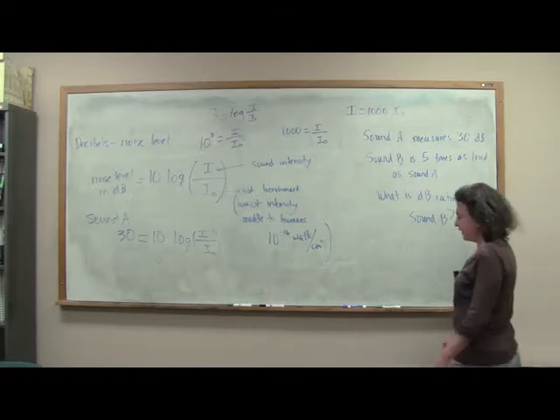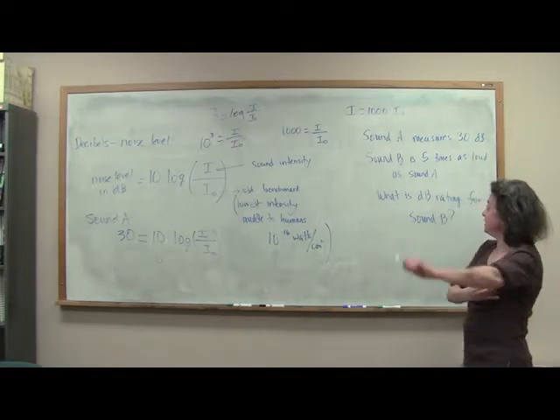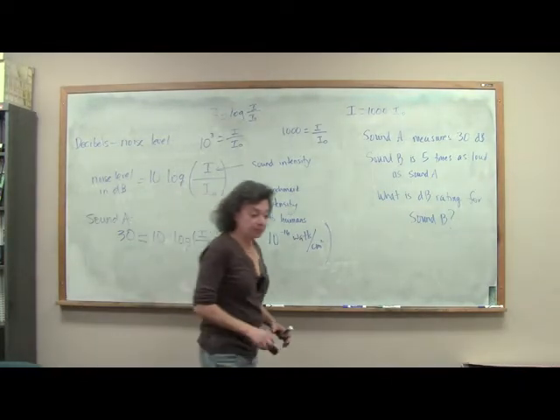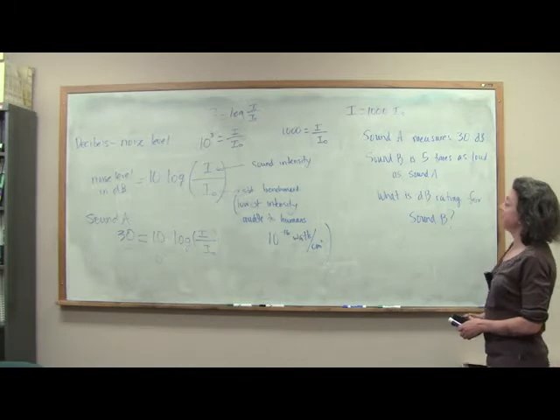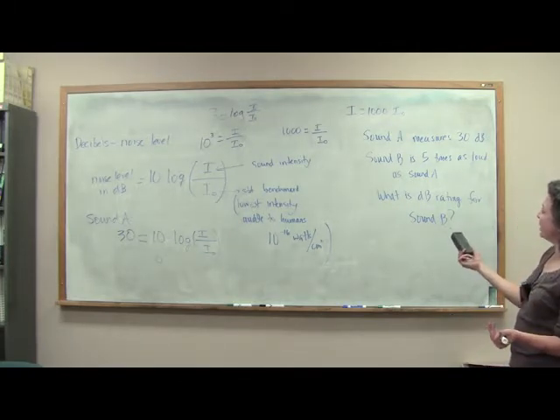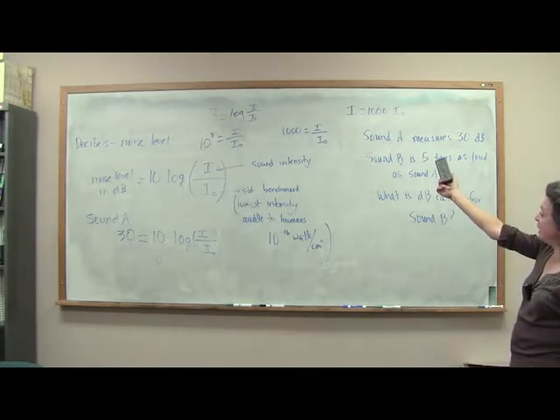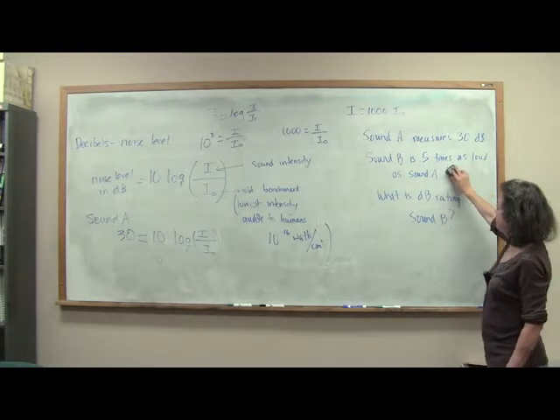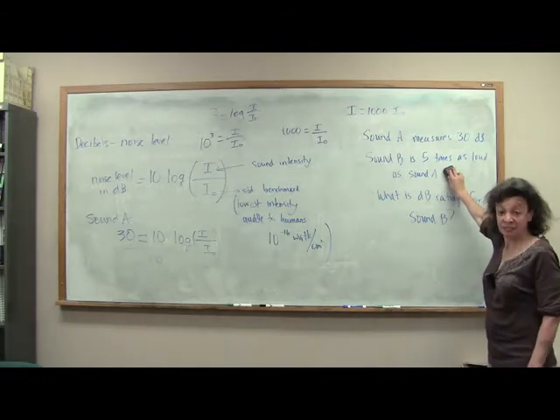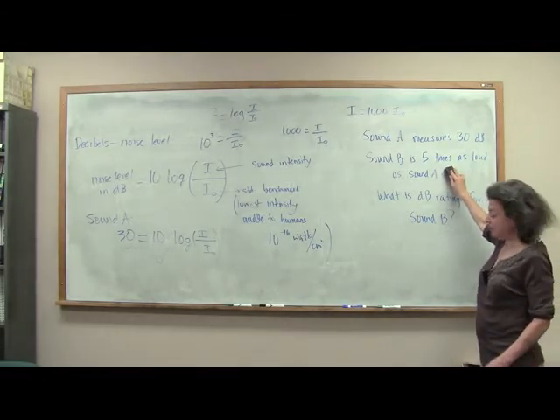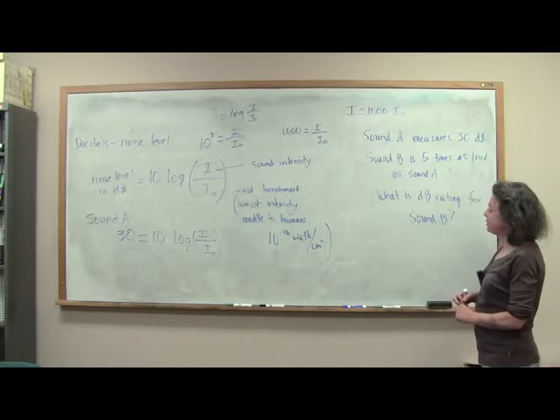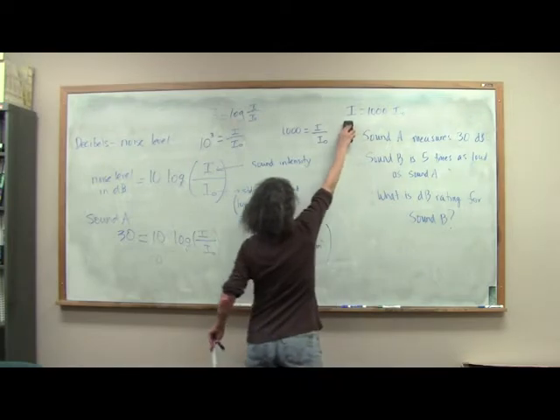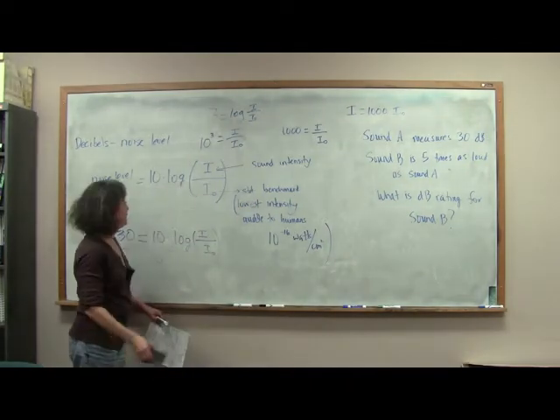All right, we have now measured, or at least simplified a bit, given our information regarding sound A. Now, let's talk about sound B. Why did I solve this for I? We don't know the sound intensity offhand, but the reason why I did is we're given that sound B is 5 times as loud. Well, if sound B is 5 times as loud, don't we have 5 times I in that case?